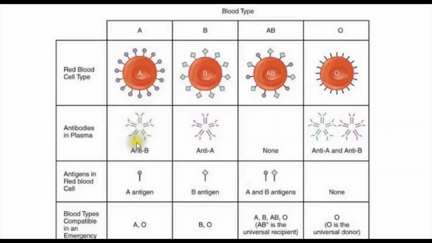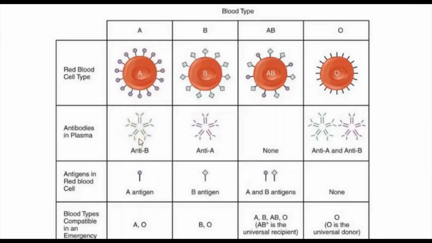So in an A group individual, the surface of the RBC has antigen A, and the blood plasma has antibody B.